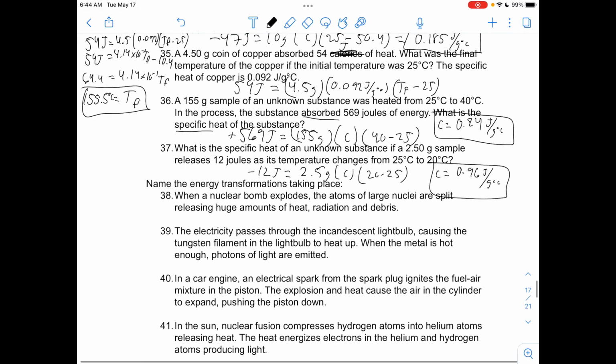Name the energy transformation. Remember that there are 6 main energy types: nuclear, thermal, radiant, mechanical, chemical.